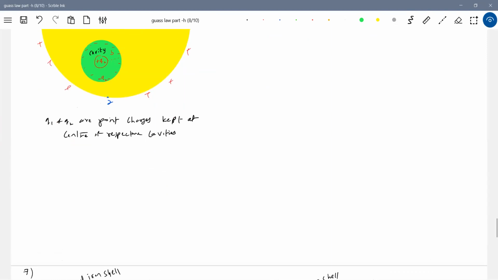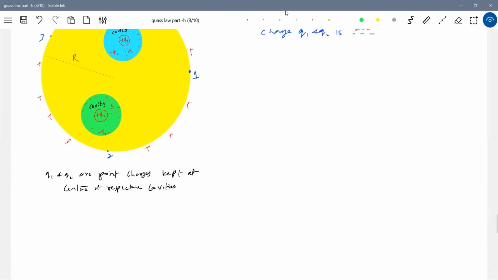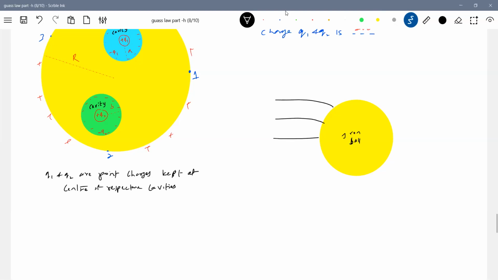Okay, let me introduce one more. Suppose there is a sphere, and I'll immerse it in a uniform electric field. There's an iron ball. There's a uniform electric field there. How will the lines of force be? Here the lines of force have to terminate like this.